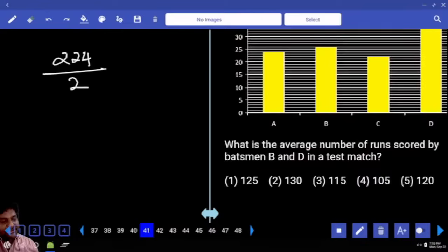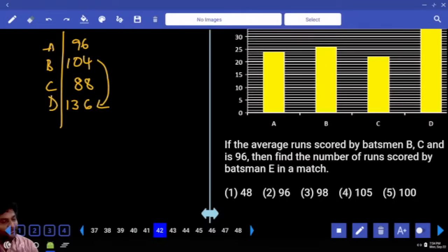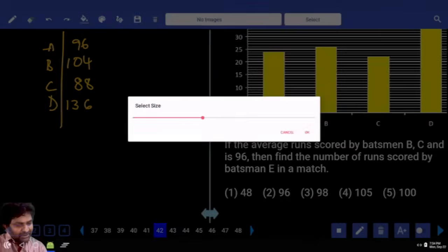What is the average runs scored by B and D in a test match? B and D, average. 4 added to this fellow, 140, 100 by 2. Average runs scored by B, C, and another person E here.